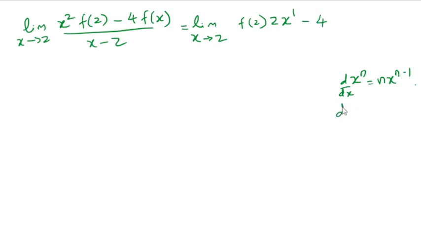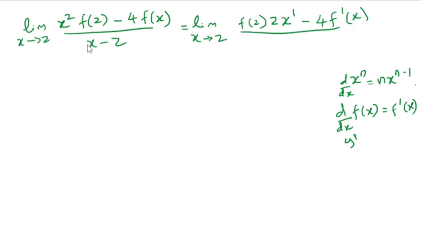So we have to differentiate f of x, which means f dash of x. There are more notations for this, like y dash, but we use just f dash of x. Over x minus 2, we differentiate x minus 2 separately. Differentiating x gives 1, minus differentiating a constant becomes 0.